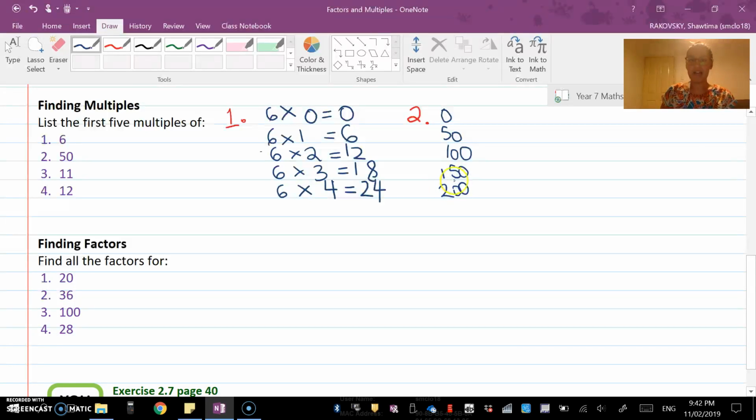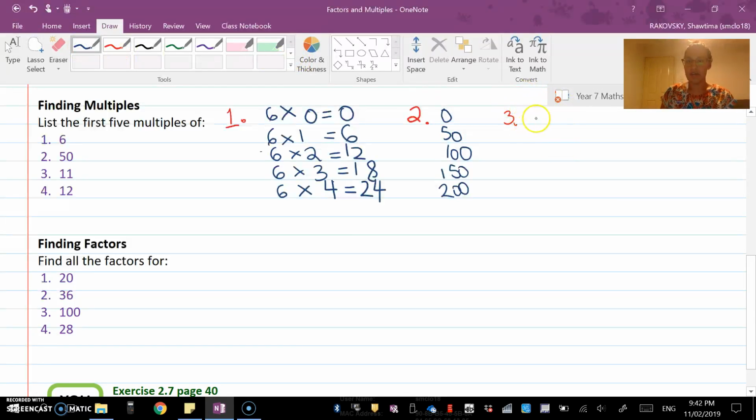And then the next one would be 11 times tables. So that's what we mean by the first 5 multiples. So see how I'm using my multiplication tables to help me with my remembering or recalling my multiples.